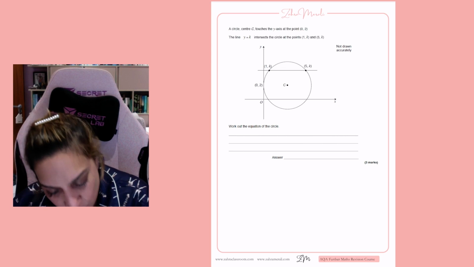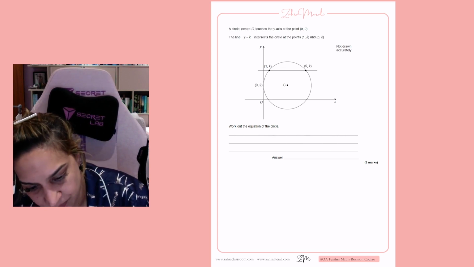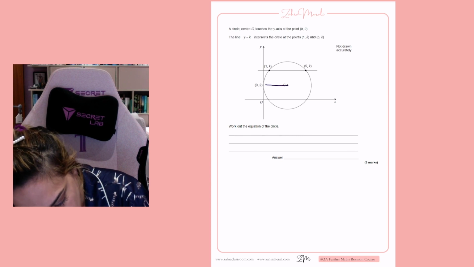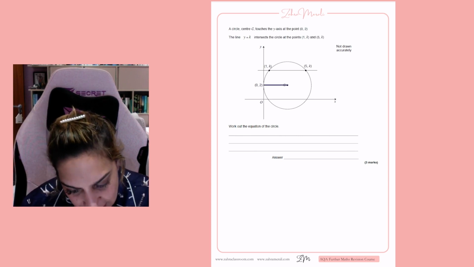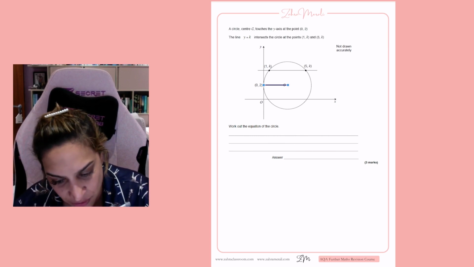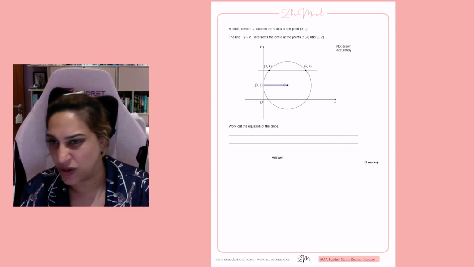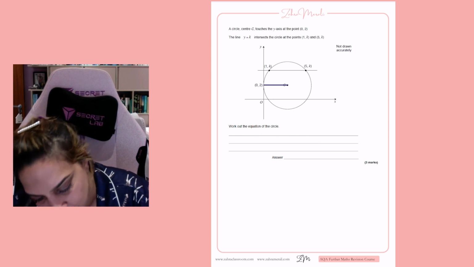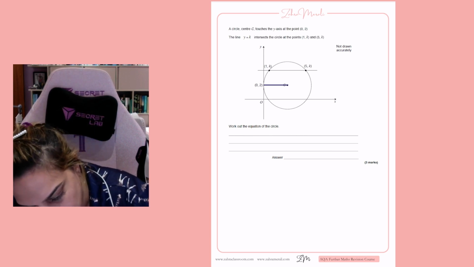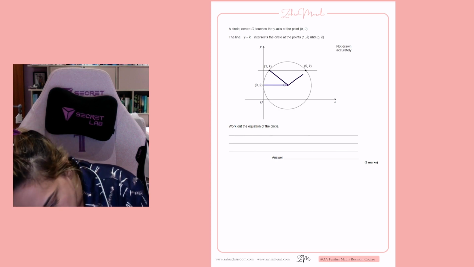Okay, so if we're going to go from the center to the edge, we've got this line here, we can see that we're going from 0 to some point here. How am I going to find that point? So if I have a look, I've got these two bits that cut it across. That's called cutting a chord. So if I draw a line up here, this gives me a radius as well. So does this.